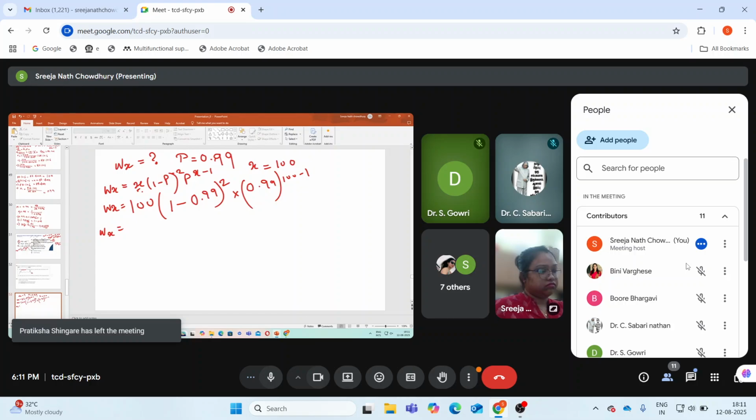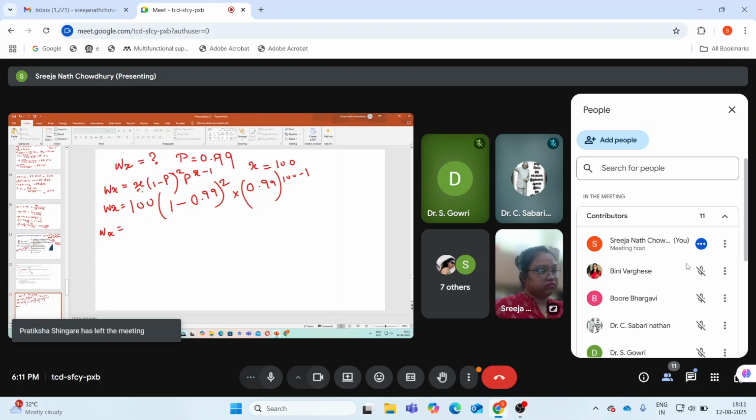That is 100 into 0.01 square into 0.99 all to the power 99. And Wx equals to this value, which will be 0.369, and it becomes 3.69 into 10 to the power minus 3.